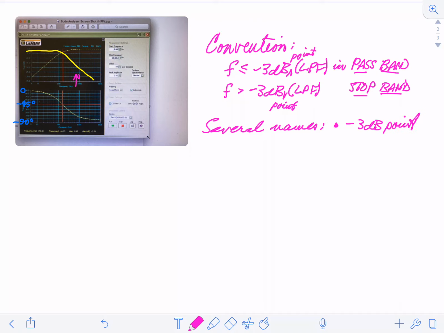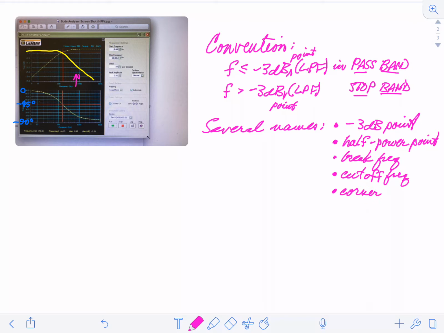That's one name. Another name, and this is the one I'm going to come back to, is the half power point. It's also called the break point frequency. It is definitely called the cutoff frequency. And it's also called the corner frequency.